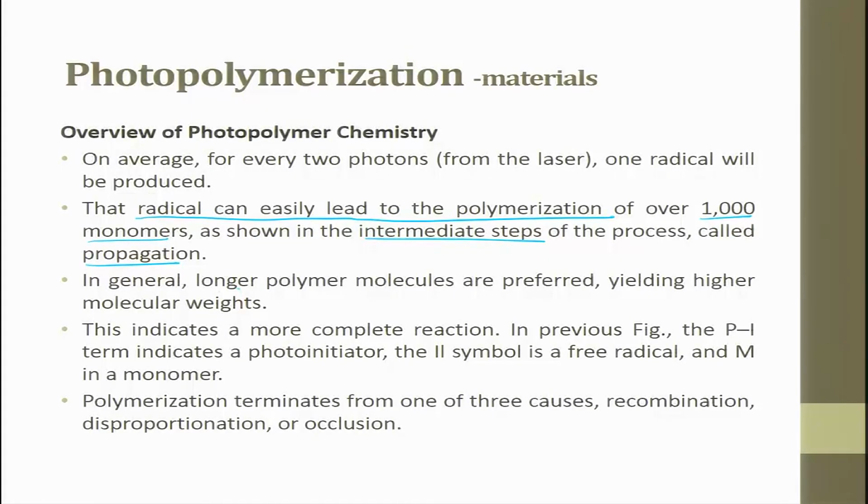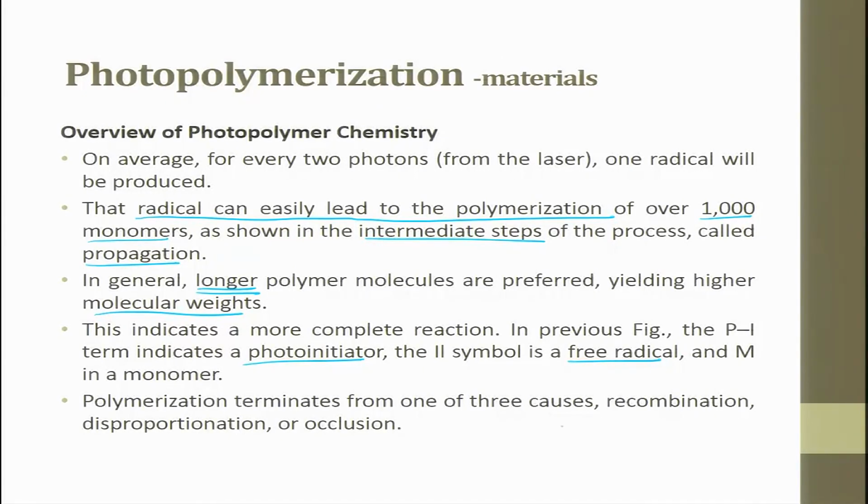In general, long polymer molecules are preferred, yielding higher molecular weight. We don't prefer short, we always prefer longer polymer molecules. This initiates a more complete reaction. In the previous figure, the PI term indicates a photoinitiator, the double I symbol is a free radical, and M is a monomer.